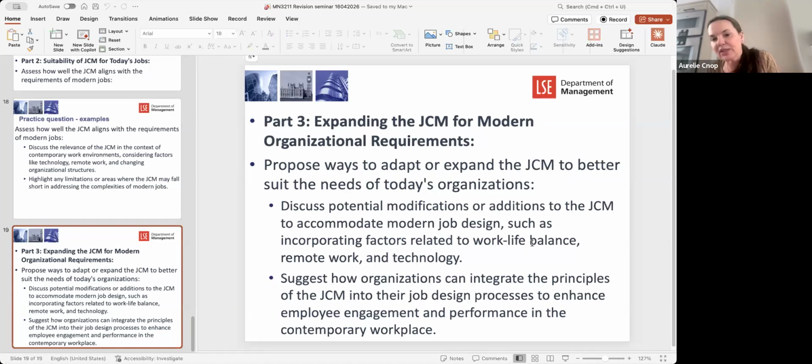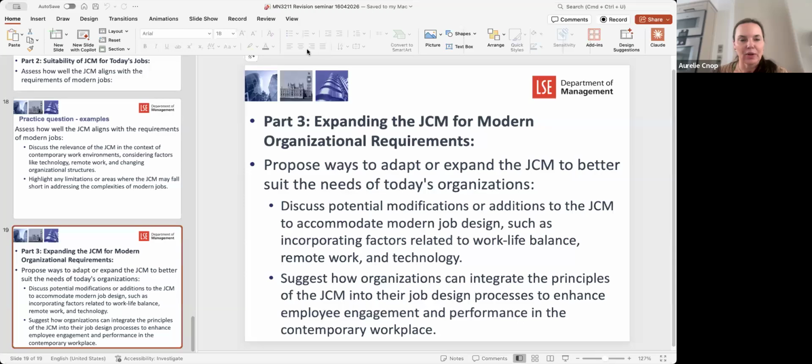And that eventually, based on the GCM, will enhance the employee engagement and the performance, which are the two levels that I thought about in the beginning of this session. I thought about the individual level and the employee level, and that will help the relevance of the model in today's workplace, right? So that would be an example of how you could develop this question.